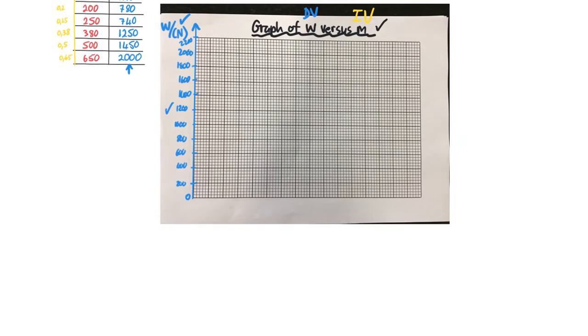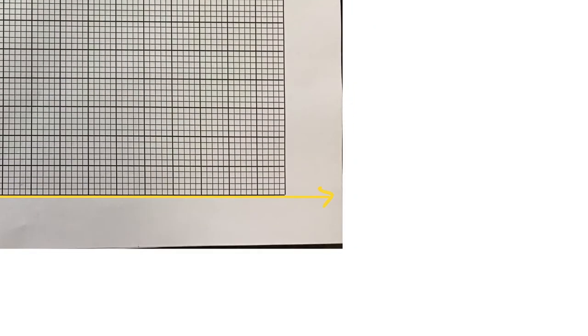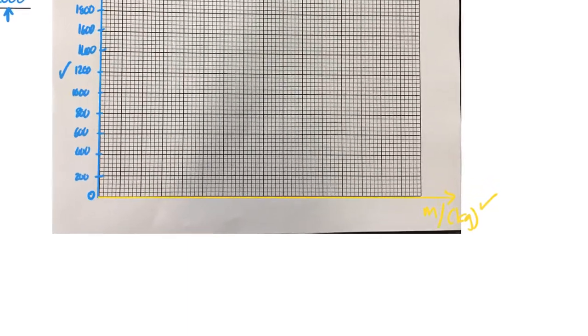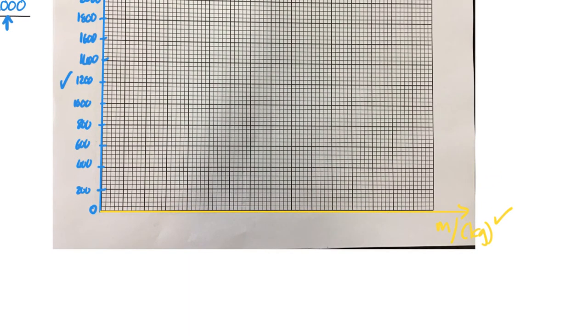Here we are going to plot on this axis the mass, and we put in the mass in kilograms, and there's a mark for that. And remember, don't label your axis just with the quantity. It's the quantity and the unit. If you only put the quantity, you don't get the mark for the label.